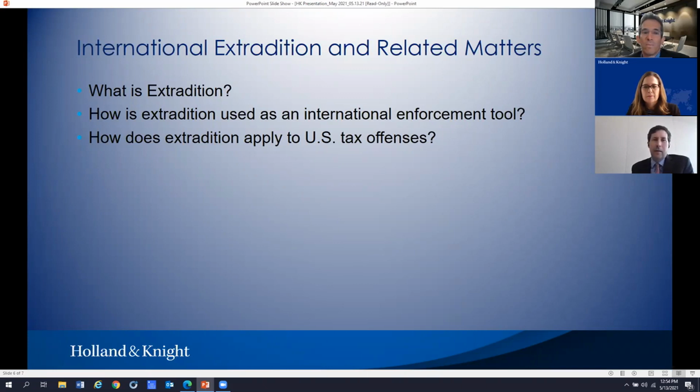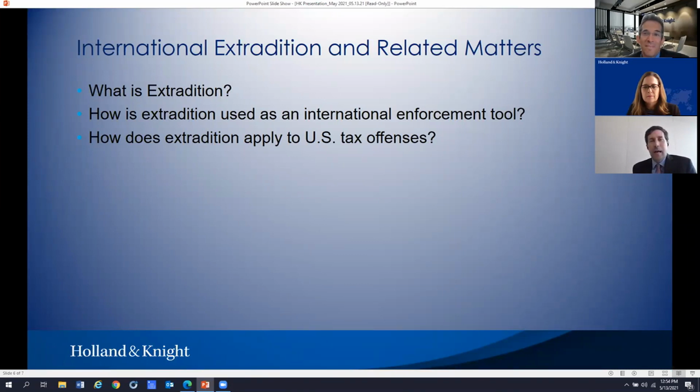The way extradition works, just in general, big picture, is that the United States has treaties with countries all around the world and works through a global body called Interpol. Interpol is based in Lyon, France, in a beautiful park like Central Park in New York.